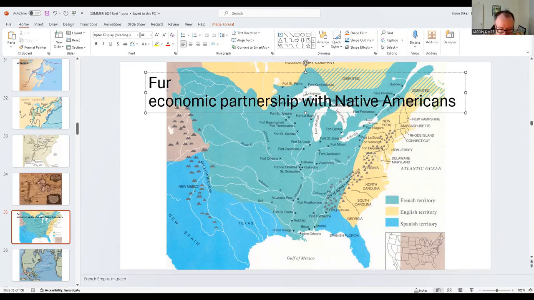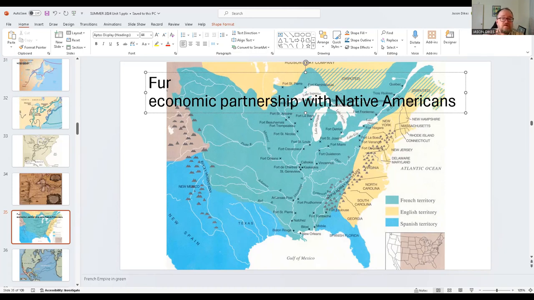And so that's going to be a very different relationship that the French have compared to the Spanish. Spain's Native American policy at first was basically enslavement. That'll change later. England's Native American policy will be to push the natives further and further out. But for the French, it will be a partnership, okay?